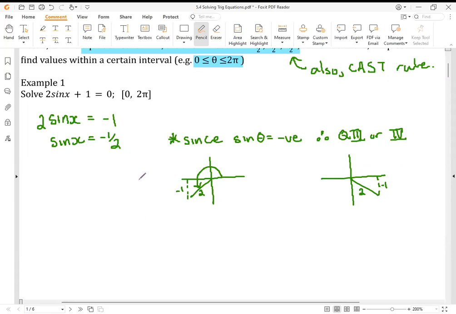Okay. Another way you could look at it is, what angle in the first quadrant, in other words, what related angle gives me a positive 1 over 2? You can do either approach. So, what angle gives you 1 over 2?